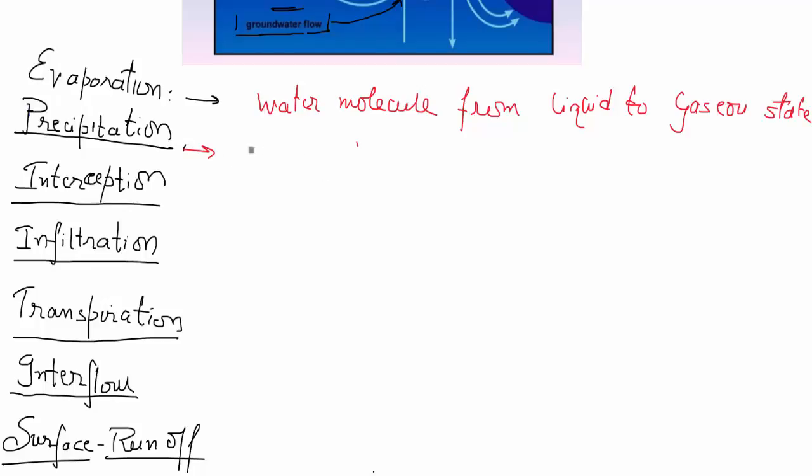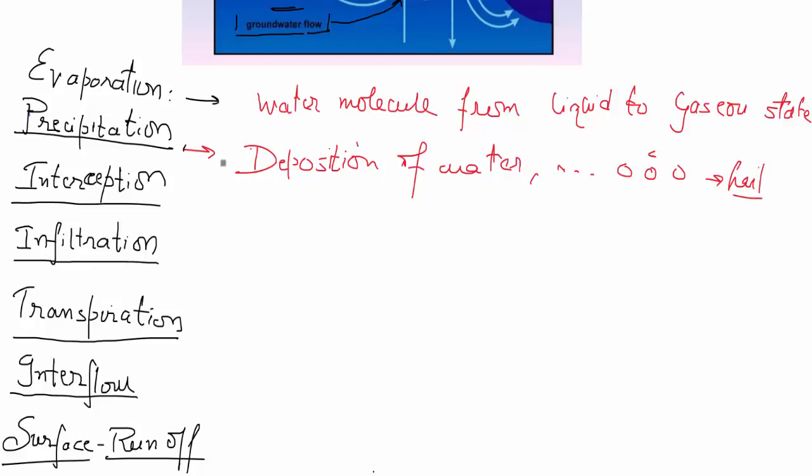This is deposition of water. It does not mean only rain, it contains all forms of deposition of water on our surface from clouds. Deposition of water in the form of either rain or snow, or you can say hail or frost, anything like that.